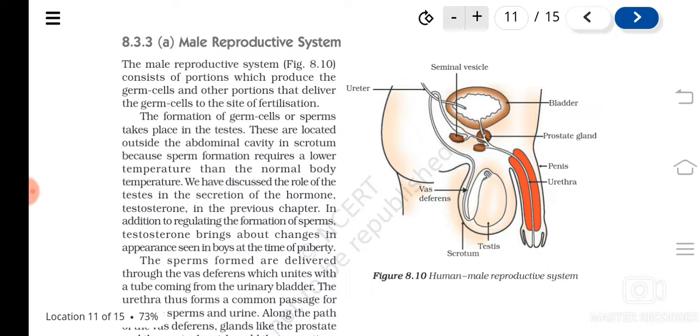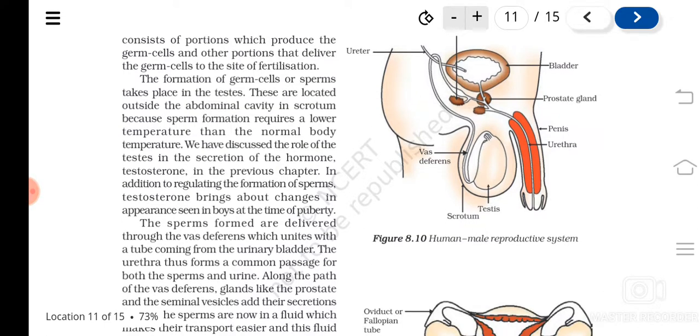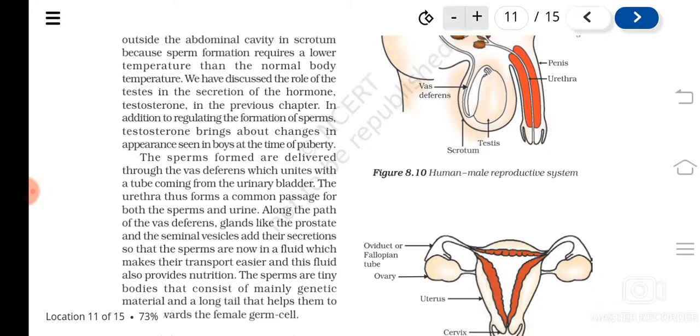There is a scrotum which covers them and is present outside the abdominal cavity because the testes require a lower temperature than the normal body temperature. They produce sperms, and also the hormone testosterone.